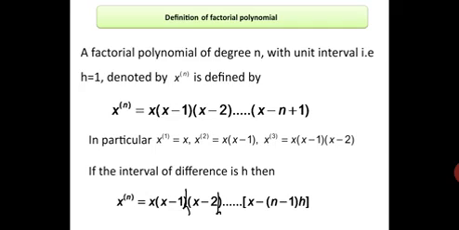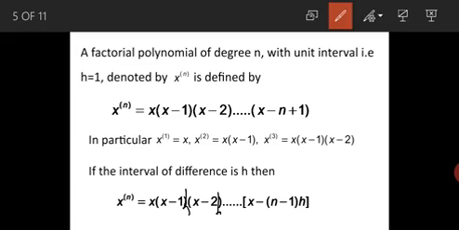So the definition of this factorial notation: a factorial polynomial of n degree with unit interval 1, that is h equals 1, is generally denoted by x factorial n, that is x within the bracket, with n written, called x factorial n. And how is it defined?